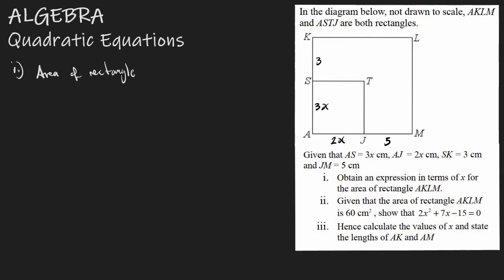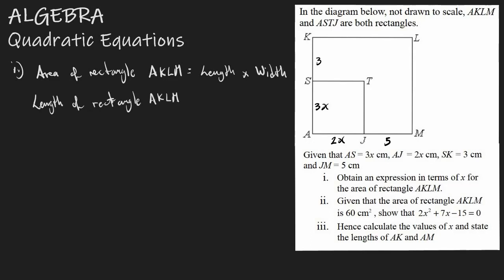Well, area of rectangle AKLM is equal to length times width. Length of rectangle AKLM, so for calculation purposes, we shall assign it the side AM, and that is equal to 2x plus 5 centimeters.